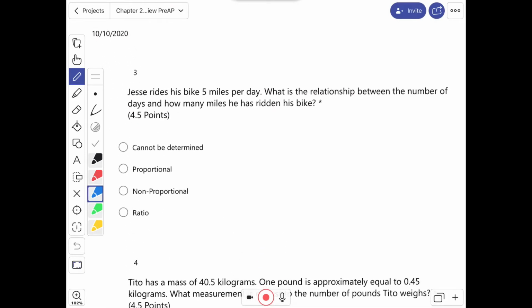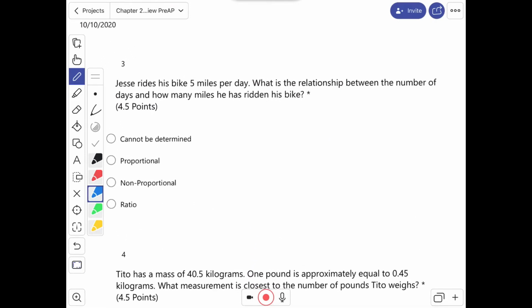Next question. Jesse rides his bike 5 miles per day. What is the relationship between the number of days and how many miles he has ridden his bike? Miles per day. Per is a key word for multiply. So 5 times days would tell me how many miles he's ridden.